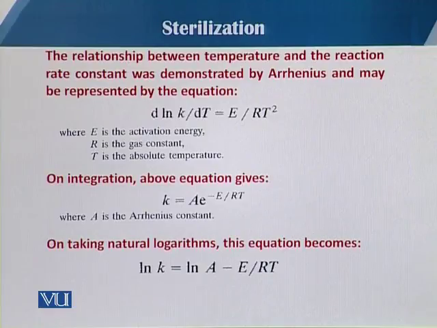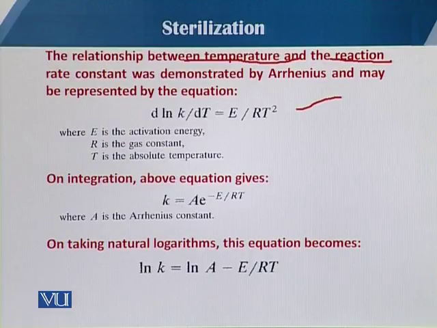When we are dealing with the relationship of temperature with the reaction rate, this equation is called the Arrhenius equation. It shows the relationship of the rate of reaction, death rate and temperature. d ln K over dT is equal to E over RT squared.